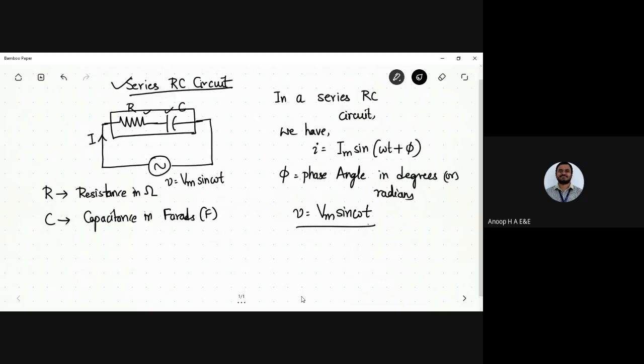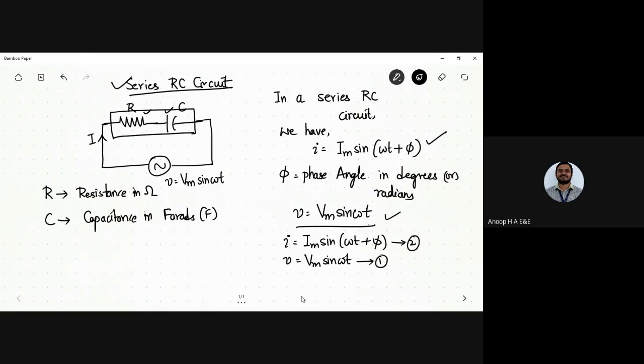So in the series RC circuit, I can have the relation between the instantaneous value of current, that would be equal to Im sine omega t plus phi. Then V would be equal to Vm sine omega t. So this is the applied AC voltage. This one is the instantaneous value of the current.